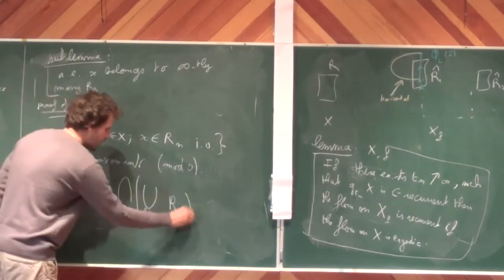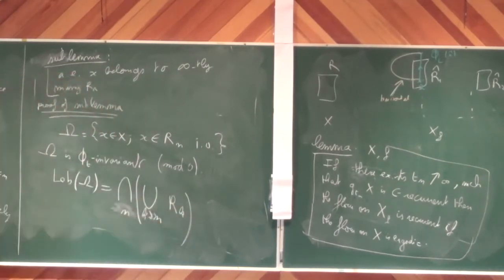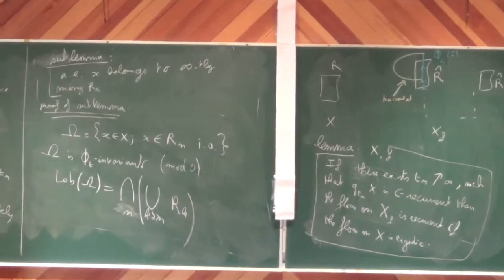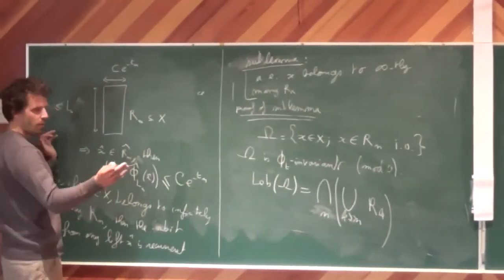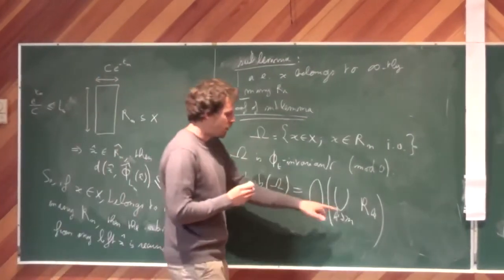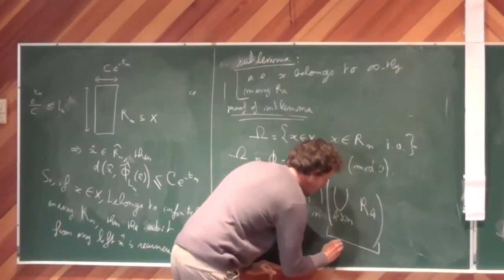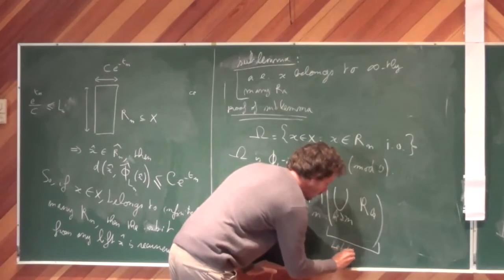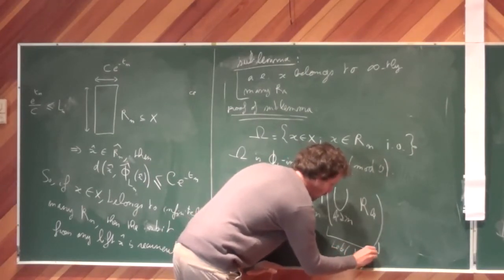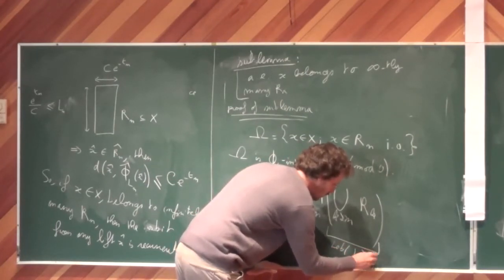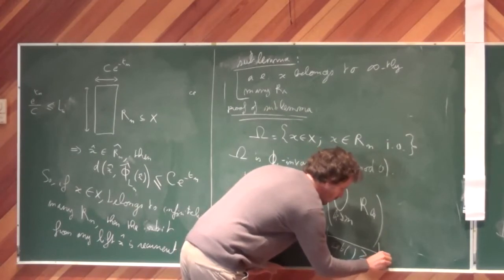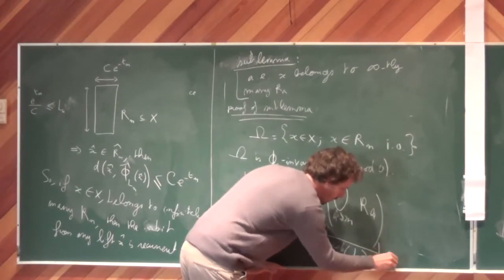And because Rk has measure at least 1 over c, we want Rk to have big measure. phi t preserves the measure, so when you do the pullback, it has the same measure. So this has Lebesgue measure greater than, is it c or 1 over c? I don't remember. No, 1 over c.